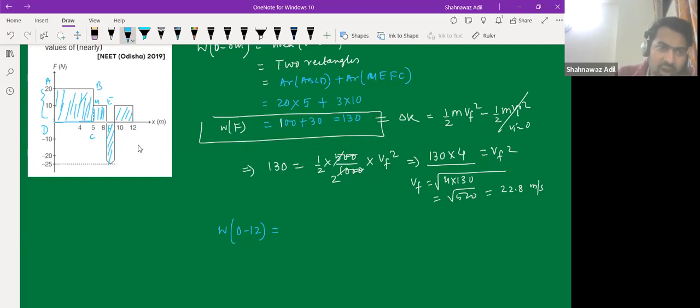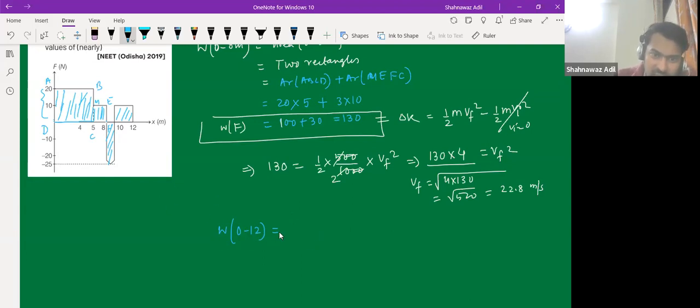Because we already know this velocity. So we can calculate from 0 to 12 or from 8 to 12. That is totally dependent upon us. We know this area already, so we can go for 0 to 12 also. Whatever is easy for you guys.